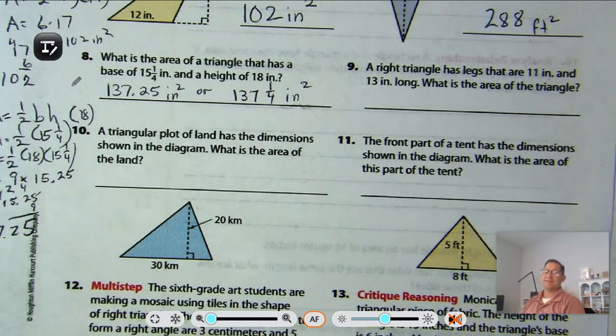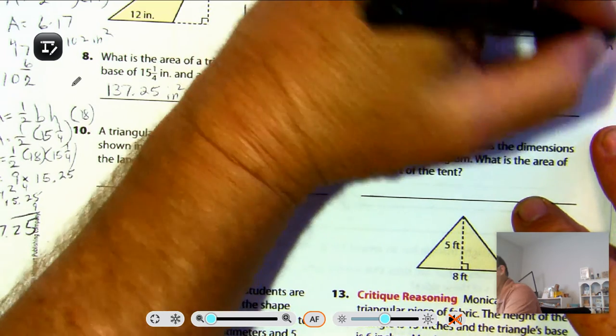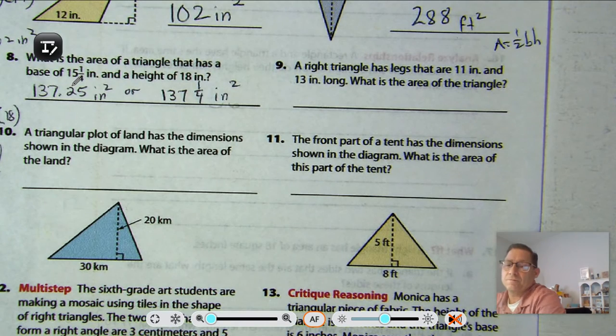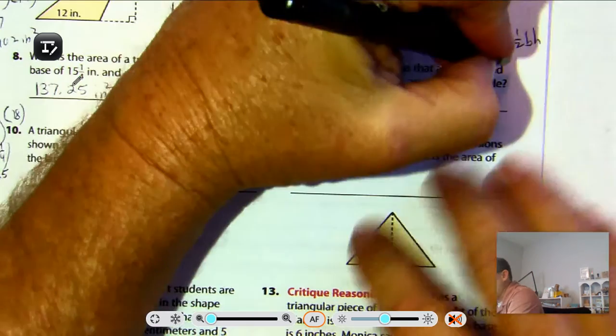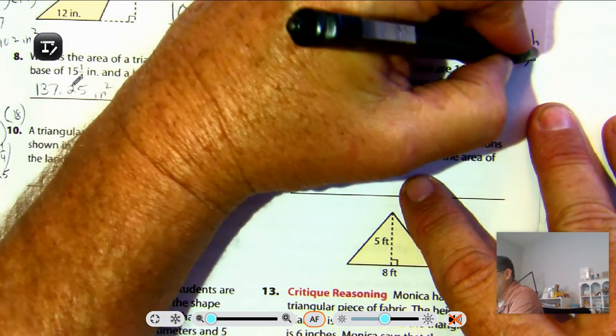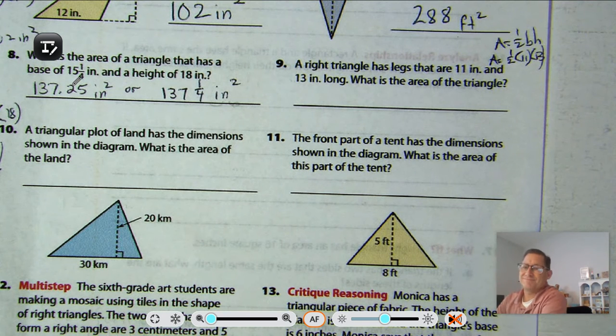Number 9. A right triangle has legs that are 11 inches and 13 inches long. What is the area of the triangle? Again, we're going to start with the formula, area equals 1/2 base times height. It really doesn't matter which one we call the height and which one's the base. So just substitute those numbers. We get area equals half of 11 times 13. Neither one of those numbers are what we'd consider nice numbers, right?